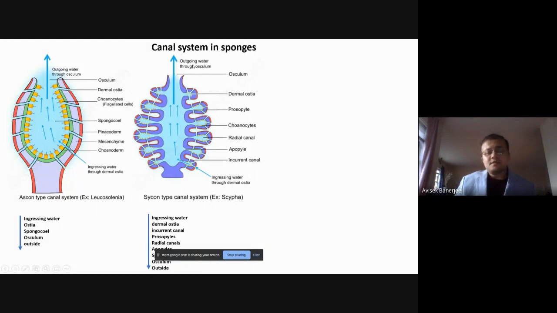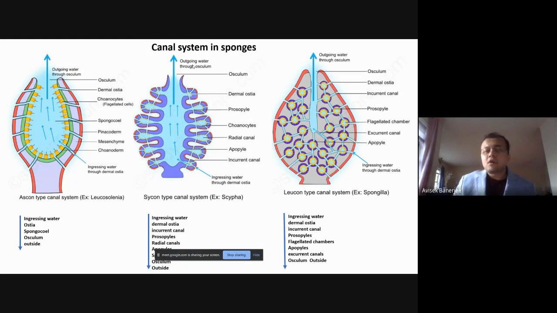Some groups of animals have an even more complex canal system. As you can see, these flagellated chambers do not directly connect to the central spongocoel. Again, I repeat, here the flagellated chambers are directly connected to the spongocoel, but here these flagellated chambers are connected to another flagellated chamber, and that is in turn connected to the spongocoel.